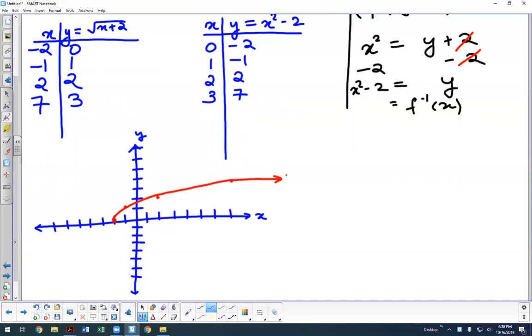Something like that, and this is our y equals square root of x plus 2. So we changed those ordered pairs and we got 0, -2, 1, -1. We still got 2 and 2, and then 3 and 7. Something like that.